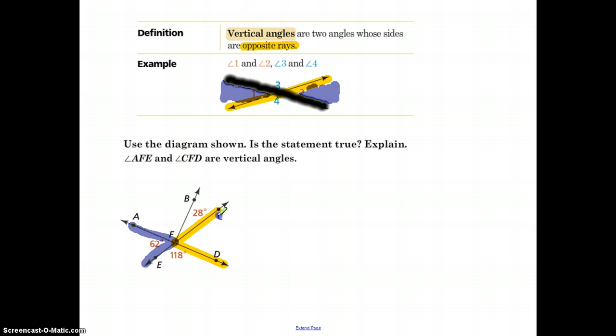So from FC, is its opposite ray FE? And it is. Ray FA goes this way. Opposite is that ray FD? It is. So yes, these are vertical angles. And it says explain. They are made from opposite rays.